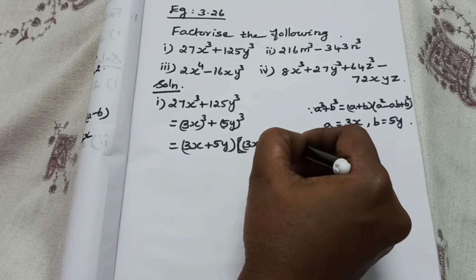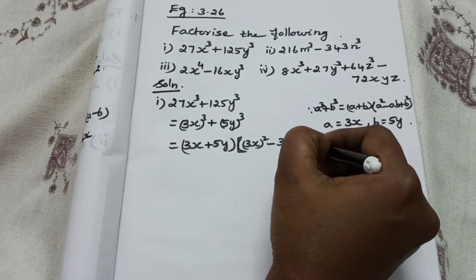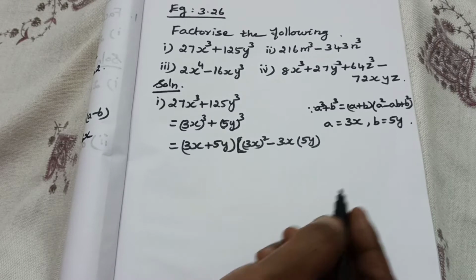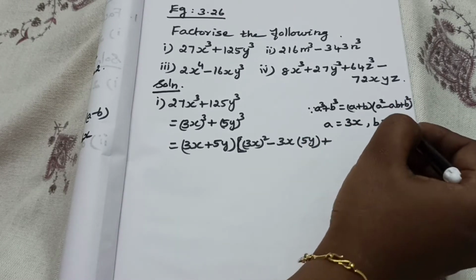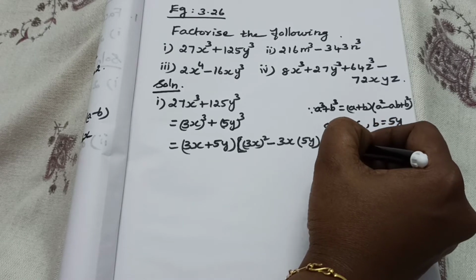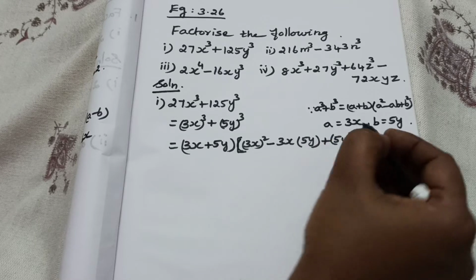A is 3x, b is 5y. Clear? Then plus b square. B square means 5y the whole square. Already opened this bracket, close it.